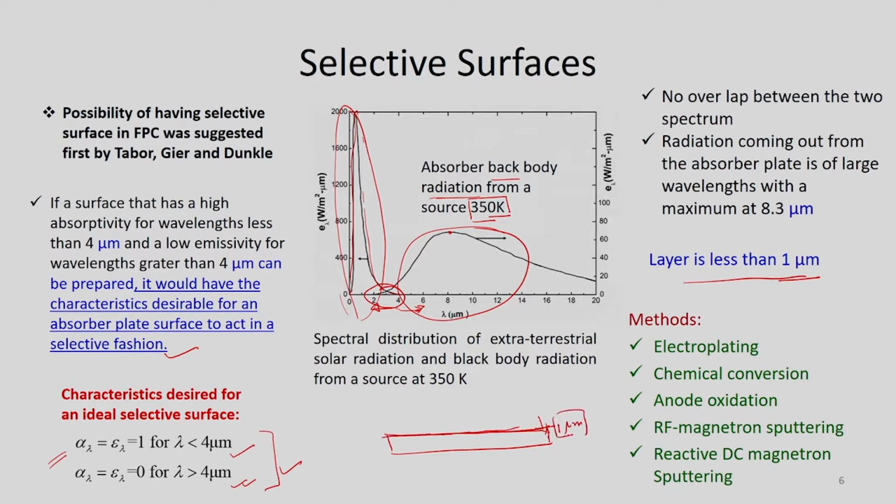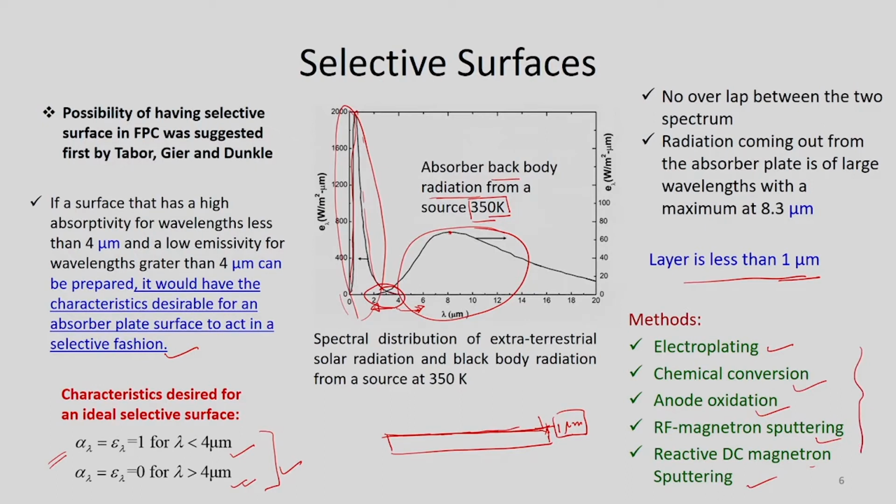So this is nothing but selective surfaces. What are the different methods used for making this selective surface? Maybe electroplating, chemical conversion, anodic oxidation, RF magnetron sputtering, or reactive DC magnetron sputtering. So there are different methods of preparing these selective surfaces.